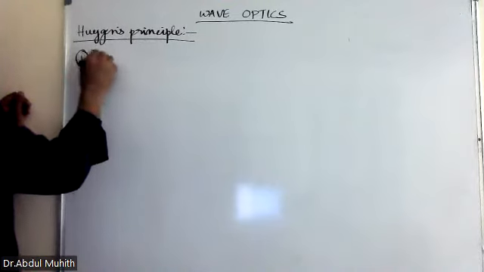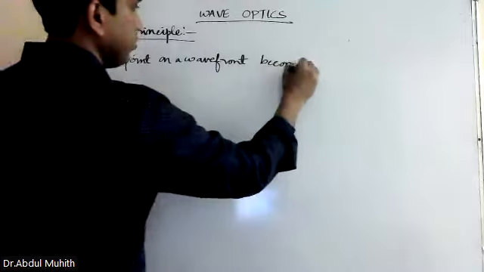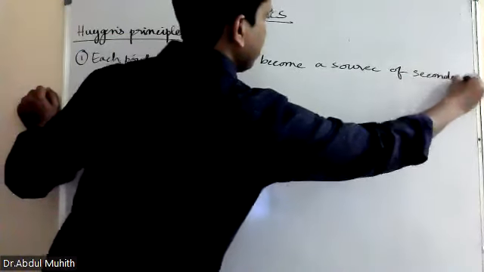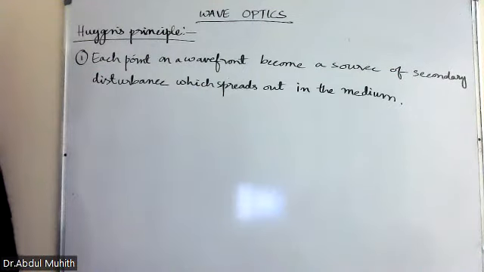Okay, the first point: each point on a wavefront becomes a source of secondary disturbance which spreads out in the medium.